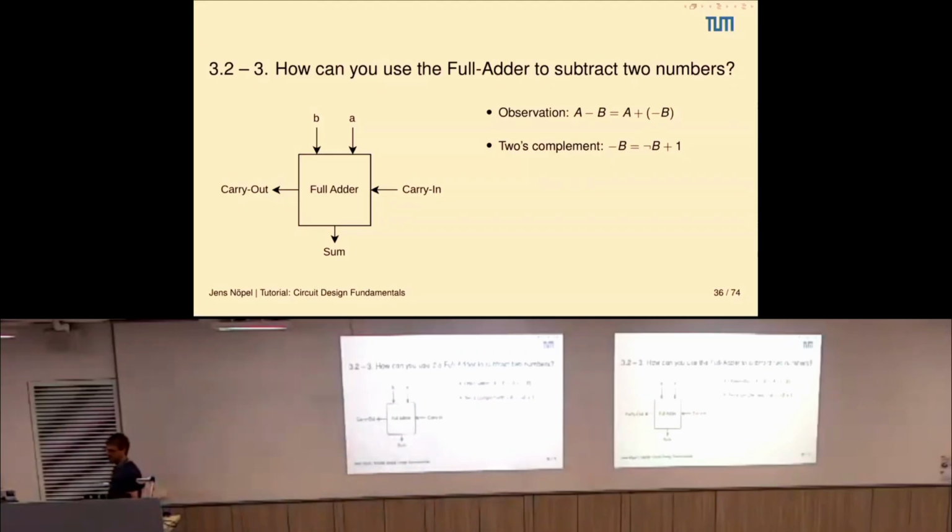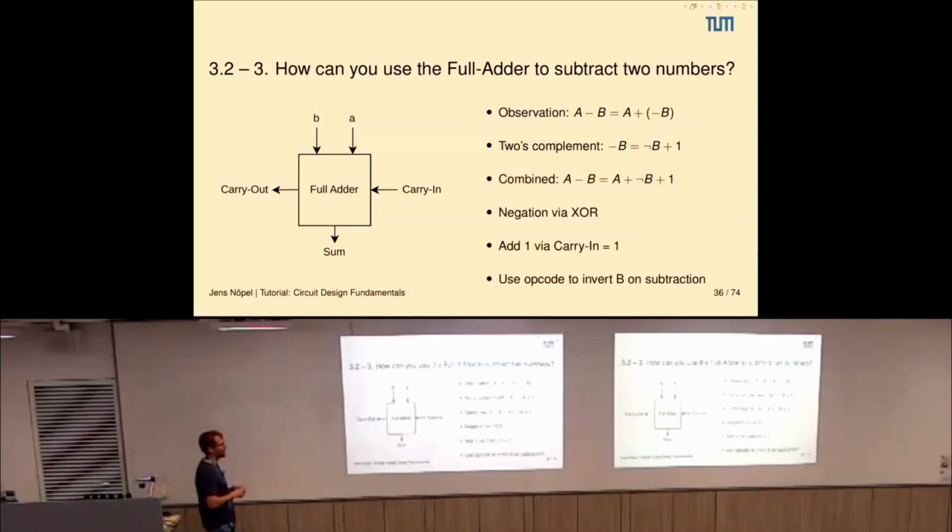In 2's complement, the calculation rule is that we take b, negate it, and add 1. So in order to calculate a minus b, we keep a as it is, and then we calculate plus the negation of b, plus 1.